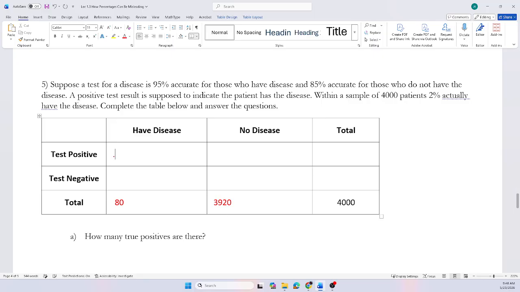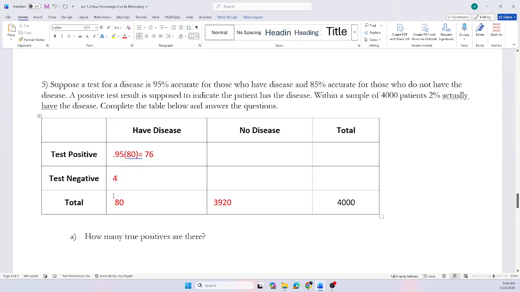It's 95% accurate. So 95% of those 80 people will test positive. So 95% times 80 is going to be 76. So there's going to be 76 people that test positive. Well, that means that there's only going to be 4 people that test negative.